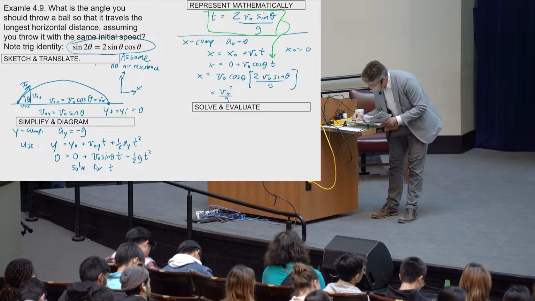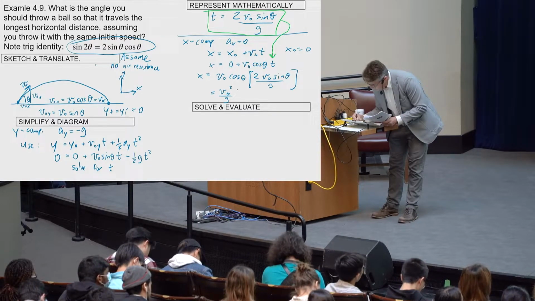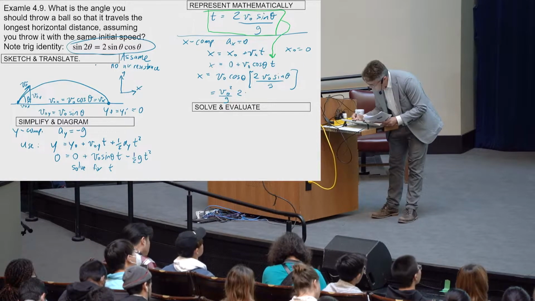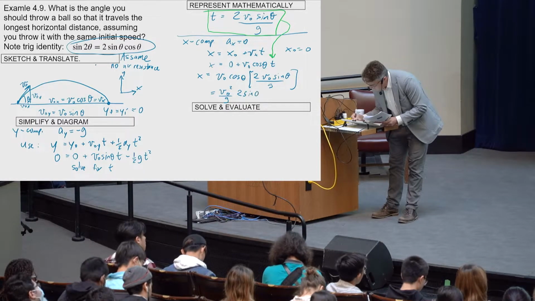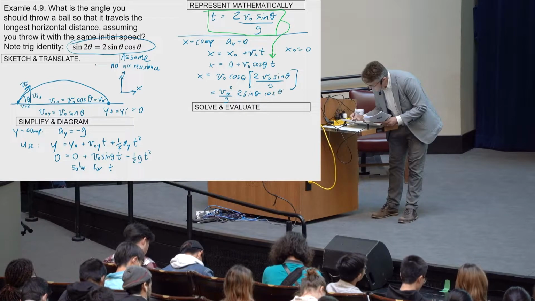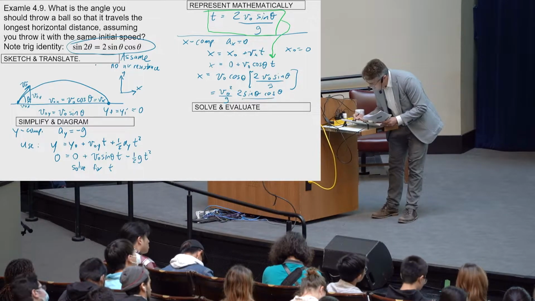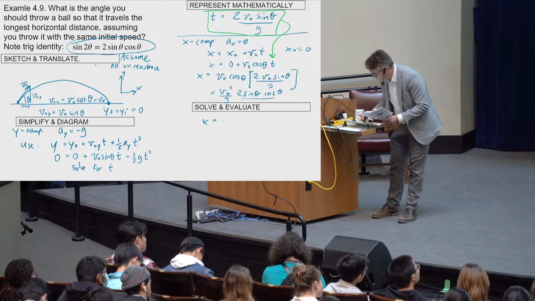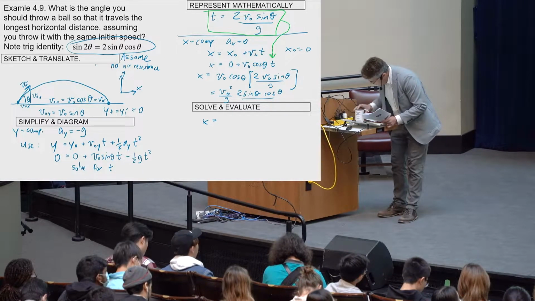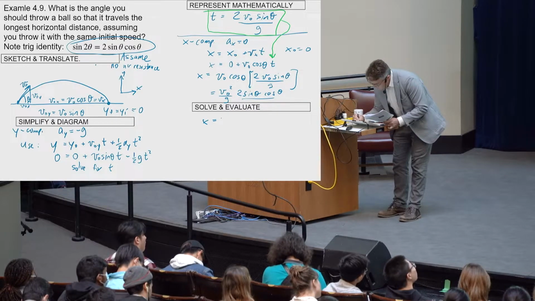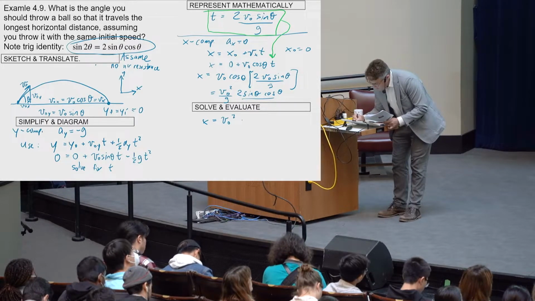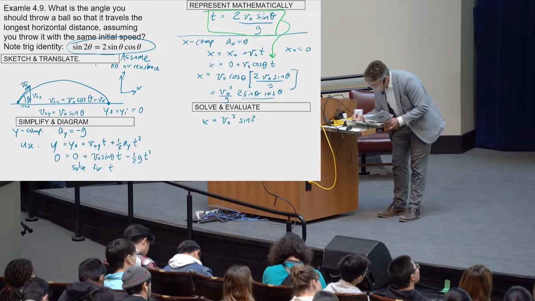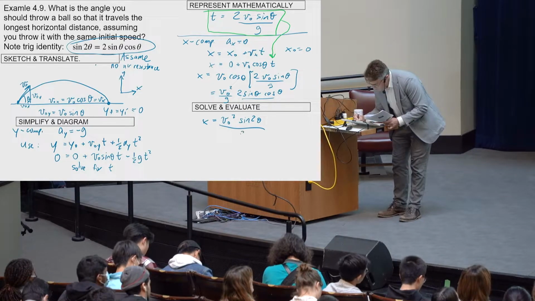There's two v0s, so v0 squared divided by g times 2 sine theta cos theta. And that's when I realize I can use a trig identity so that I get that x, the distance, is equal to v0 squared times sine of 2 theta divided by g.